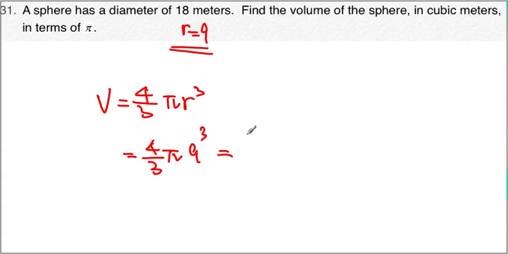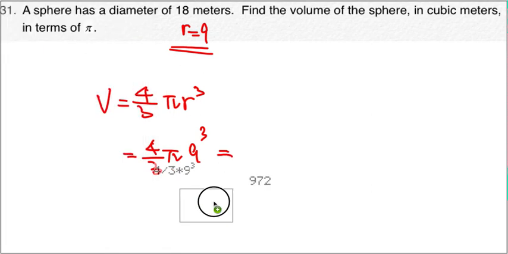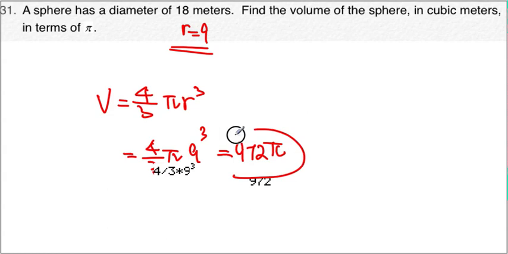In terms of pi, using our calculator, we're gonna try 4/3 times 9 cubed. We end up getting 972. So our answer becomes 972 pi.